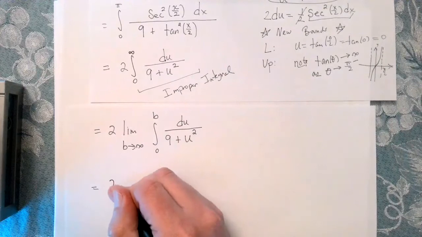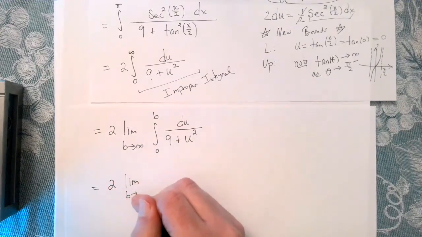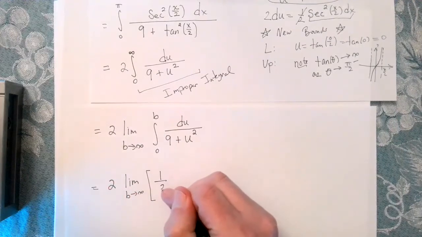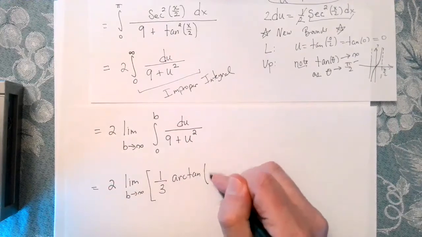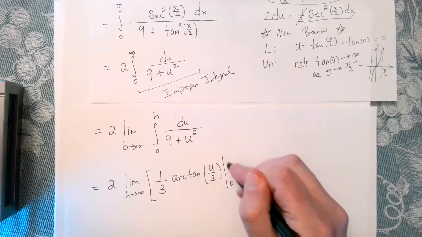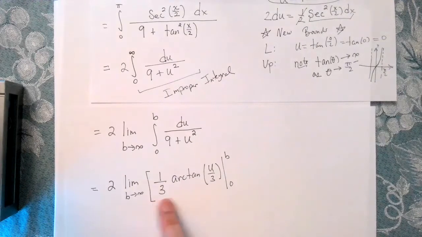Okay, so what do we have here? We've got 2 times the limit. So if I take the antiderivative, I've got 1 over a arctan of u over a. But we need to evaluate from 0 to b and then take the limit last. Or at least take the limit after this.